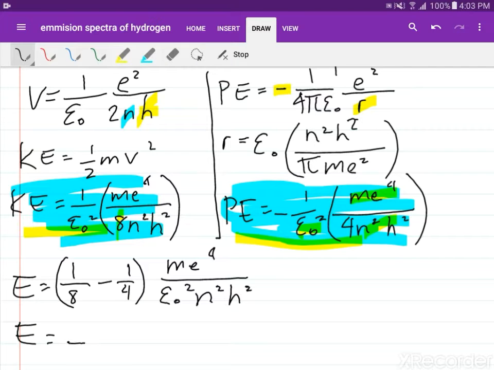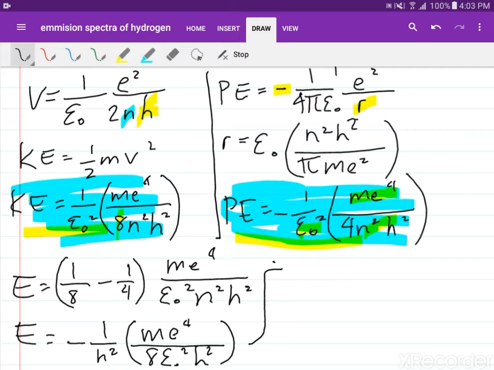So we would have minus, let me factor out n squared, and we would have m e to the 4 over 8 epsilon naught squared h squared.